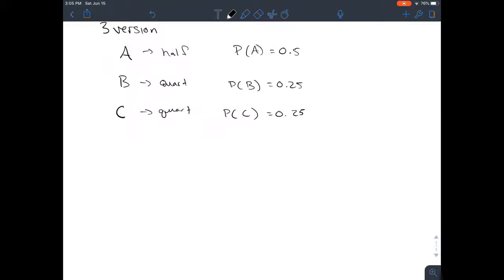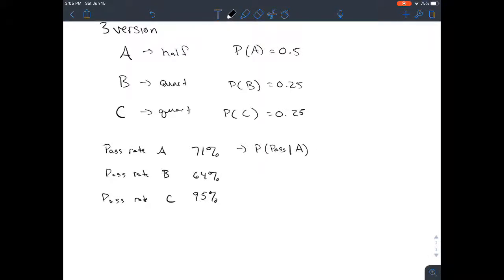We're also told that the pass rate for A is 71%. The pass rate for B is 64%, and the pass rate for C is a whopping 95%. And what this tells us is that a pass rate we can think of as the probability a student passes given they have test A. That we turn into a decimal, and 71% will be 0.71.